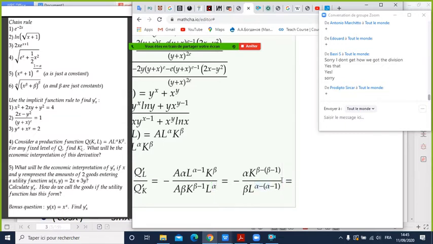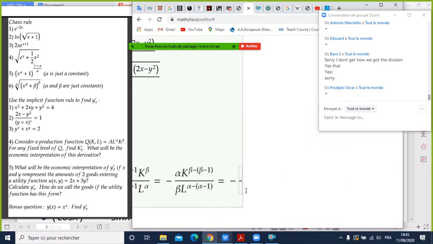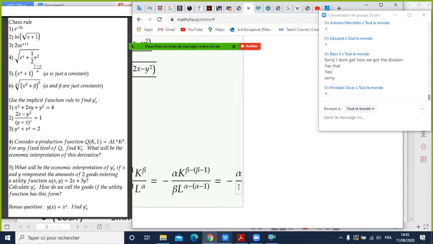And now you can see how beautifully it turns into a fraction of alpha over beta K L.